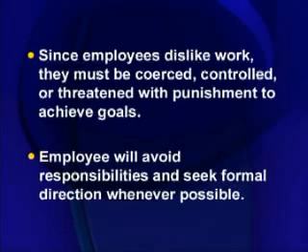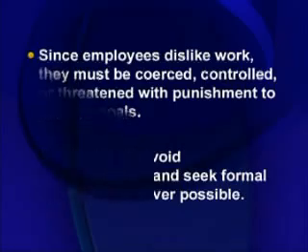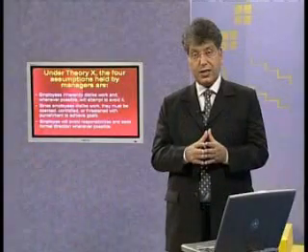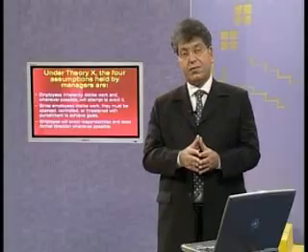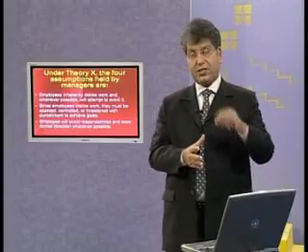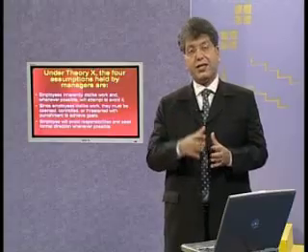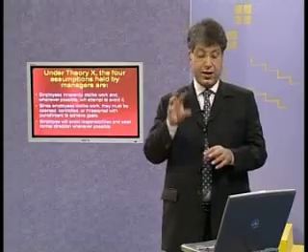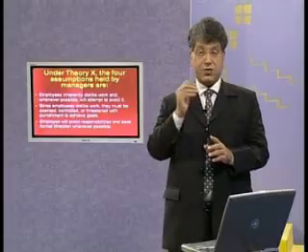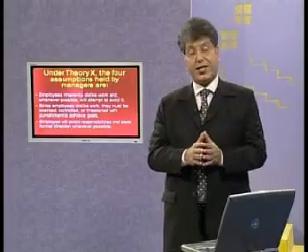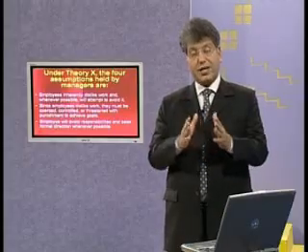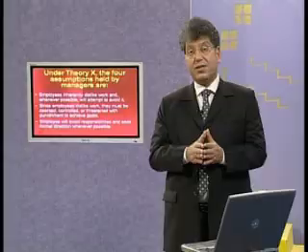Similarly, another assumption: employees will avoid responsibility and seek formal direction whenever possible. क्या मतलब है कि वो, क्योंकि उन पे तो जब तक आप नजर नहीं रखेंगे तो वो काम नहीं करेंगे. तो इसी तरह कुछ assumptions, I am not discussing the whole of them, ये आपकी रॉबिन्स की बुक के अंदर से मैंने extract किया है, मेरा ख्याल है 3 या 4 थीं, मैंने 3 लिए, कि जब तक आप उन पे formal direction नहीं रखेंगे, उनको punishment reward और punishment का concept नहीं रखेंगे, उन पे emotional उनकी नज़र नहीं रखेंगे, आप अपने desired goals achieve नहीं कर सकेंगे.